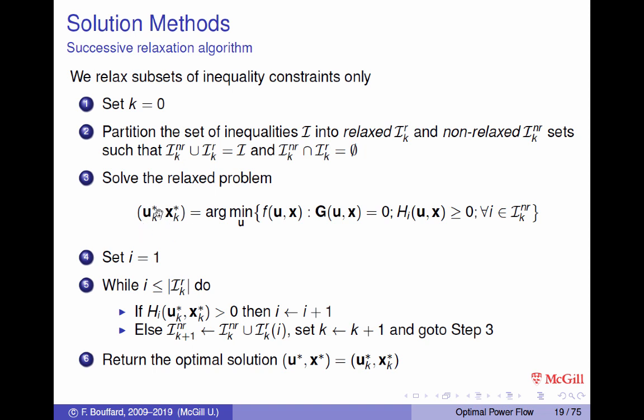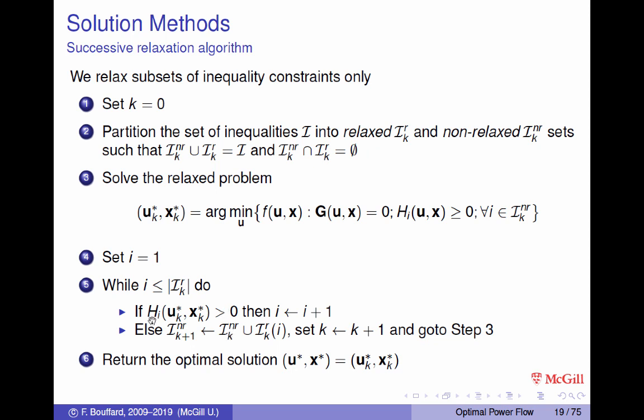We get a solution out of that, and then we check the relaxed constraints to see which ones have violations. If we don't have a violation, we go on to the next constraint.